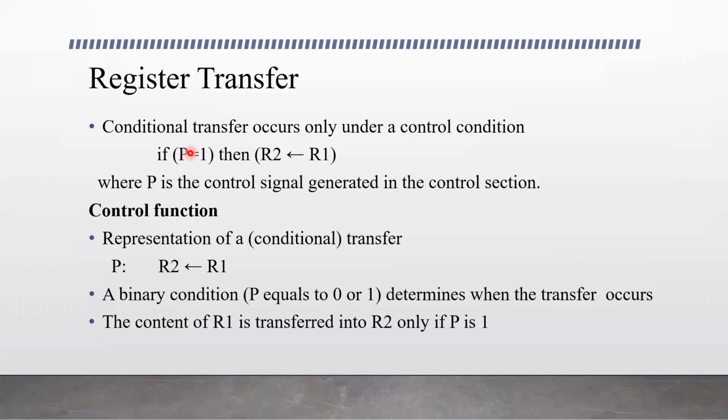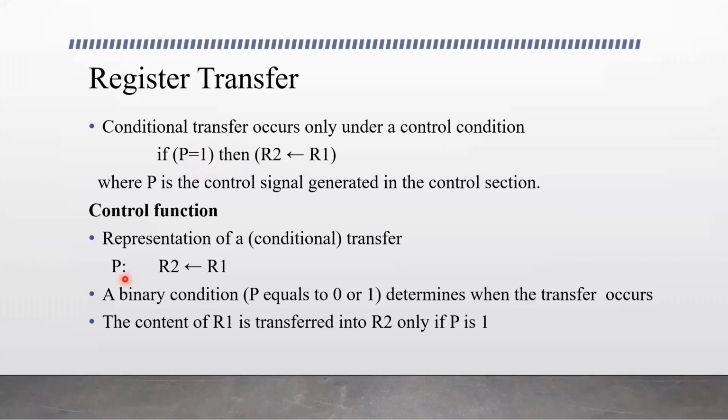The conditional transfer occurs only under a control condition. Using if-then, we write it like this: if P is equal to 1, then do this operation. Here P is the control signal generated in the control section. The control section generates the value of P, and if the value of P is 1, this operation is done.